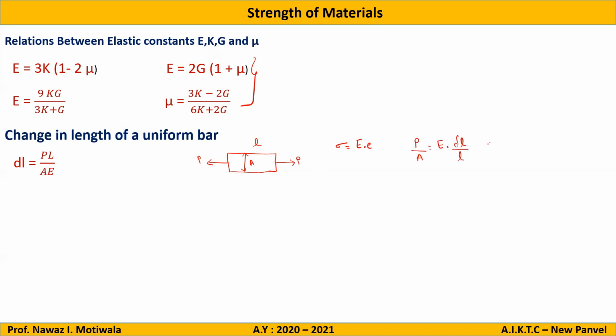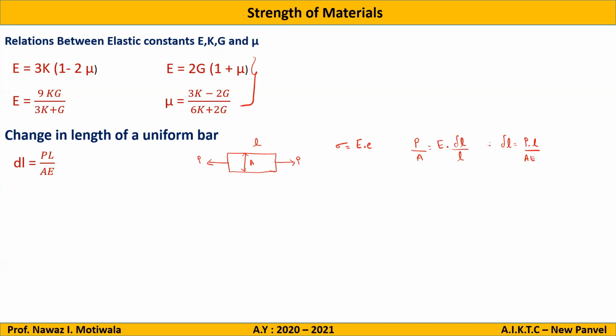If I rearrange the terms, I will get delta L equal to PL divided by AE. The change in length of a uniform bar is given by the relation delta L equals PL by AE. So this is the relation when the bar is uniform.